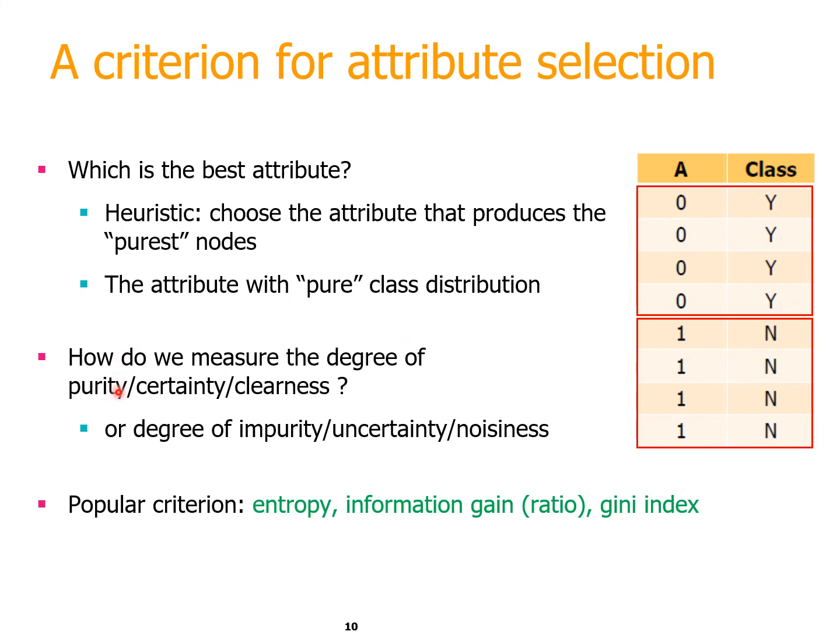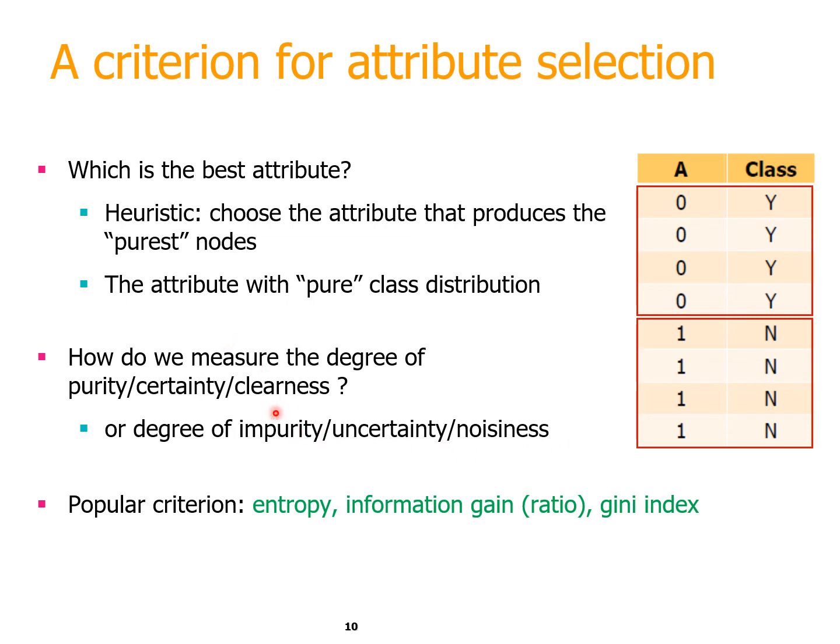And the next question is, I said we are looking for an attribute with pure class distributions. Then what do you mean by pure? How do we measure the degree of purity or certainty or clearness? We need a formula or number which measures the degree of purity. Or in opposite terms, you can measure the degree of impurity or uncertainty or noisiness.